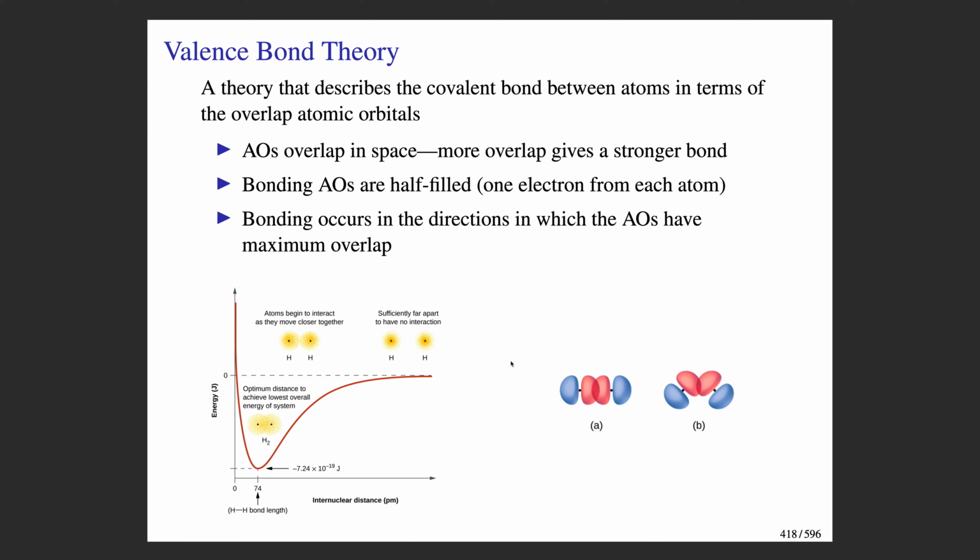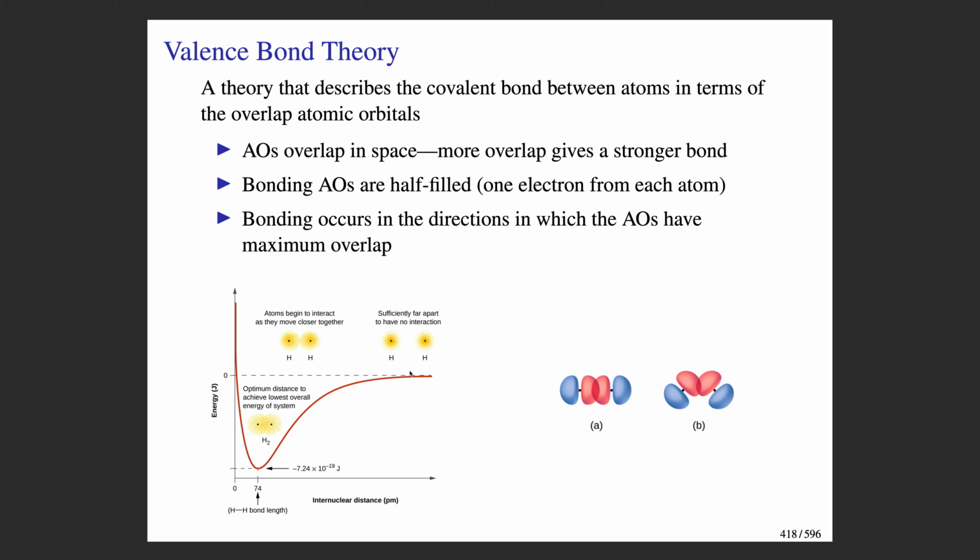On the figure on the left here, what we're looking at is an energy profile for diatomic hydrogen. And it's showing us a representation of the 1s orbital on each hydrogen atom. So it's this sort of cloud here that represents the wave function for a 1s electron. And each hydrogen atom has one 1s electron.